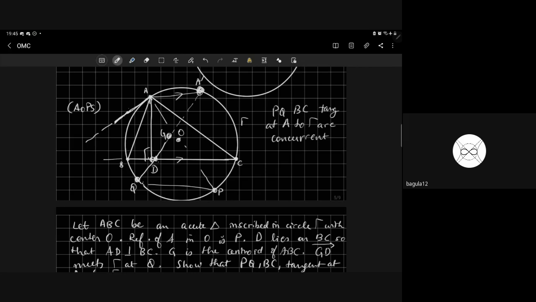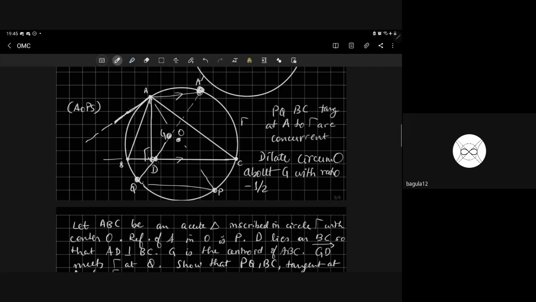Okay, let me ask you another question. What happens when you dilate the circumcircle about the centroid with ratio -1/2?